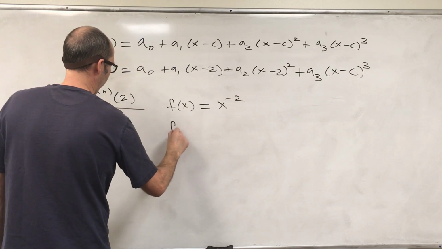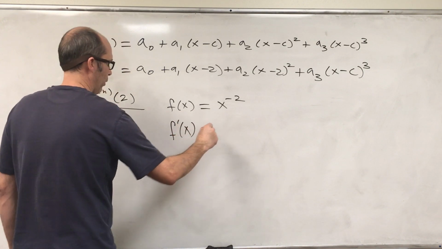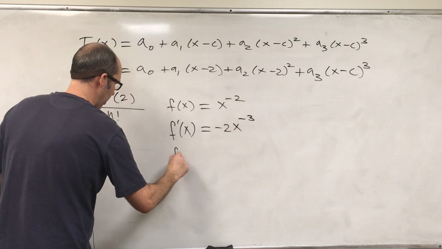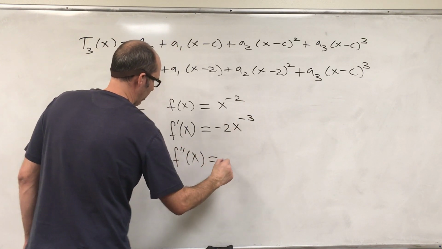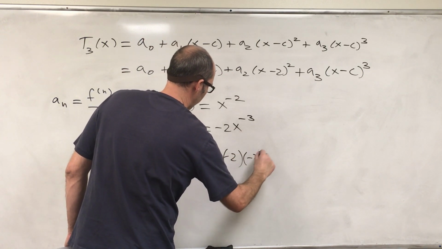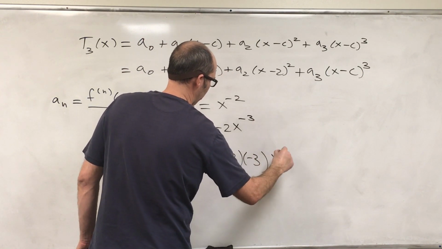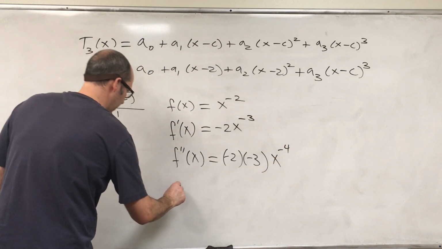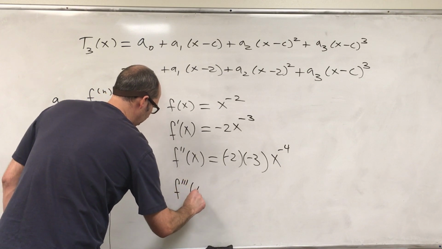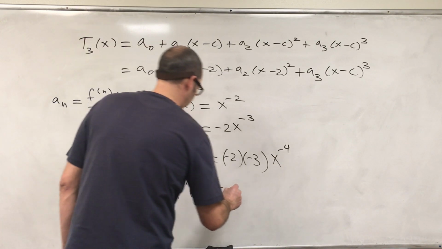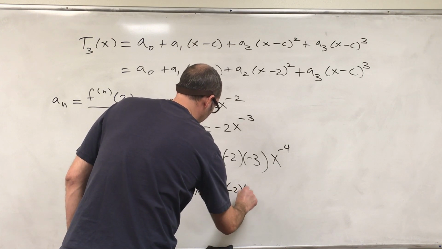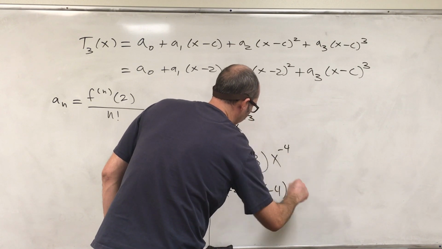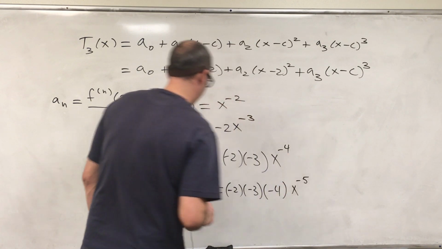All right, so f prime of x, we've got negative 2 x to the negative 2 minus 1, that's negative 3. F double prime, negative 2 times negative 3, x to the negative 3 minus 1 is negative 4. And f triple prime of x is negative 2, negative 3, negative 4, x to the negative 4 minus 1 is negative 5.